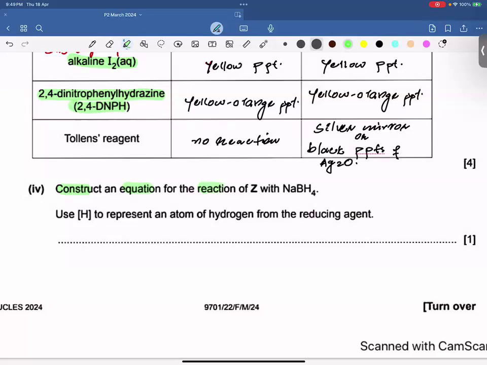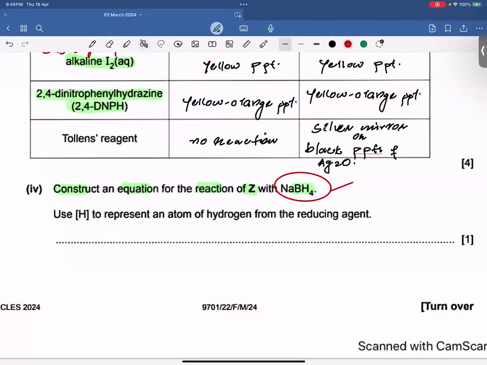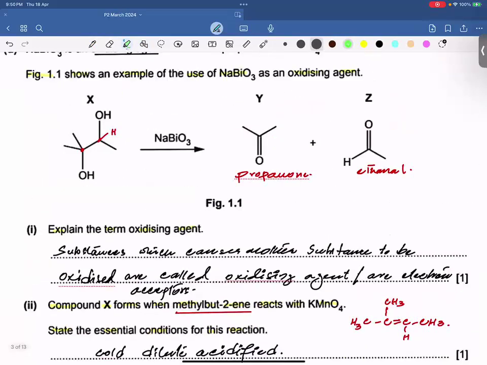Construct an equation for the reaction of Z with sodium borohydride. Guys, sodium borohydride is a reducing agent, which means it is a reduction reaction. Whether it's lithium aluminium hydride or sodium borohydride, all reducing agents are represented by this hydrogen atom. It is also called nascent hydrogen. So we have Z, and Z is what?